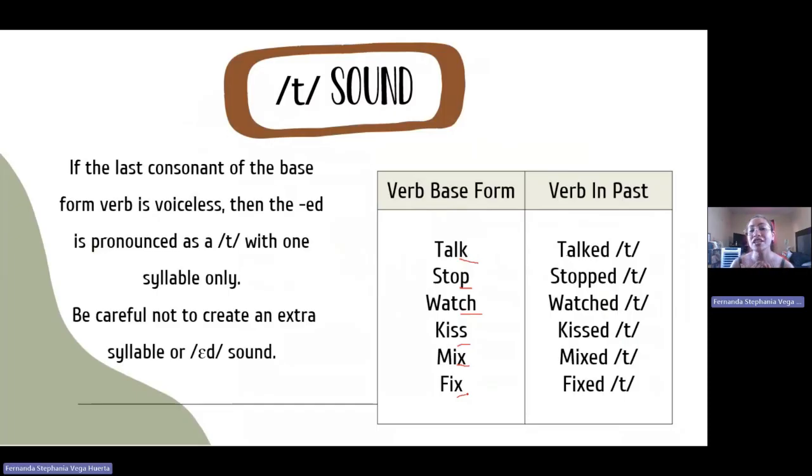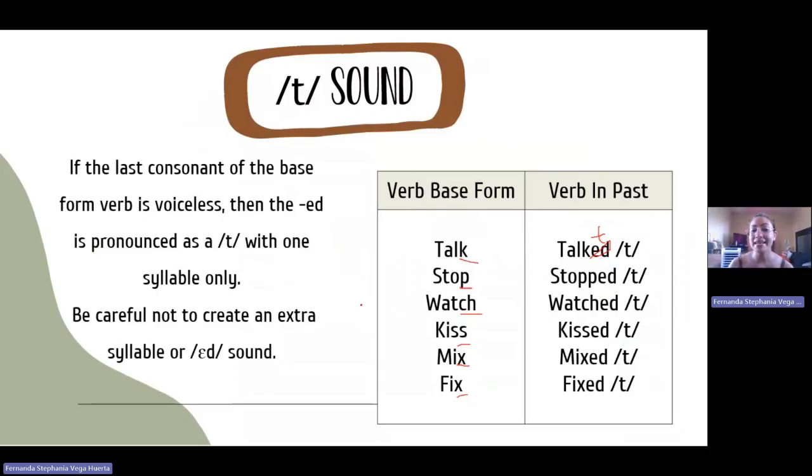You notice? It doesn't vibrate. So when you change it into a past verb, it's going to be talked, stopped, watched, kissed, mixed, fixed, right?